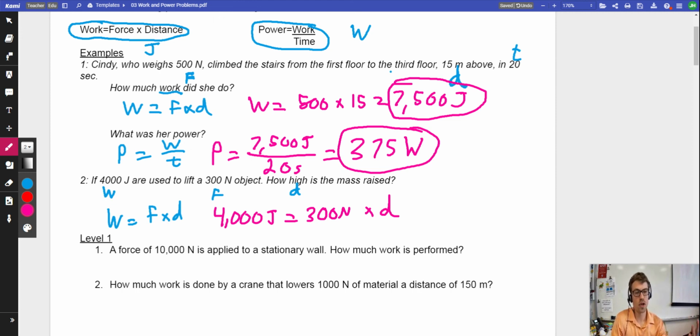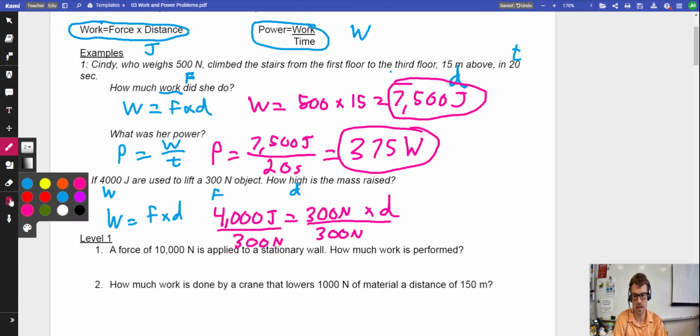So when we calculate for work, we have to multiply the force and the distance. But when we want to find the distance, or there may be some questions where you need to find the force, in either of those cases we are going to be dividing by whatever's on the right side of the equation. So here we're dividing by 300 newtons, and when we do that to one side of the equation, we also have to do that to the other side of the equation.